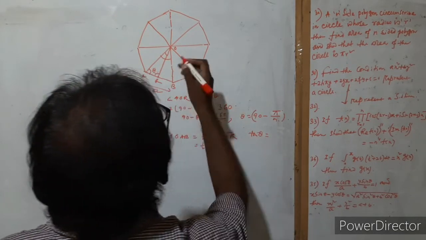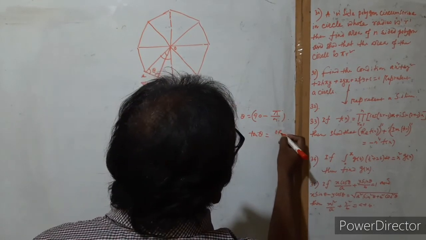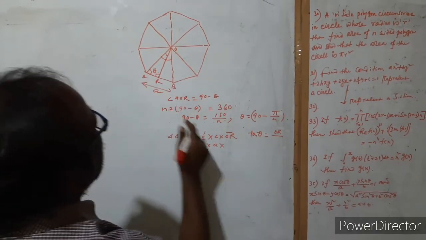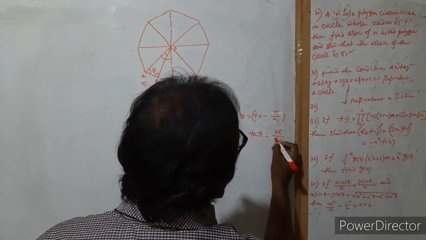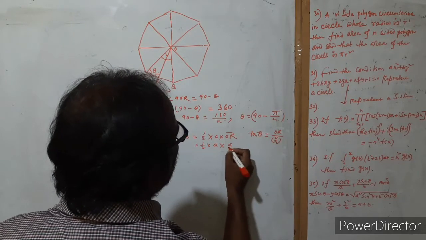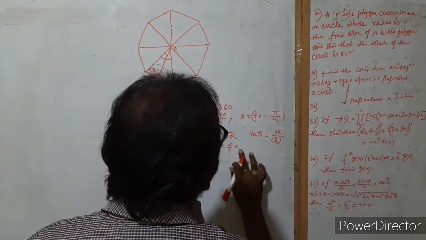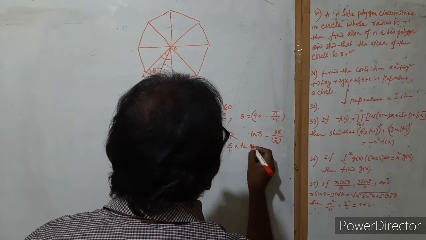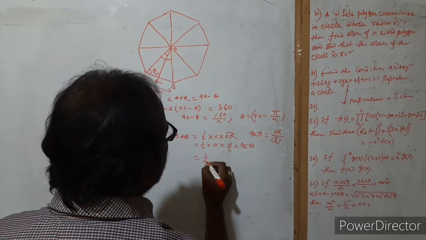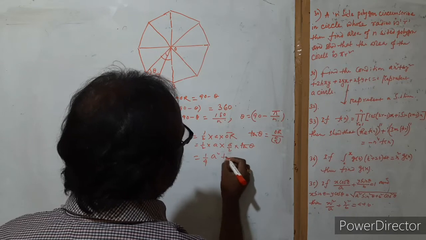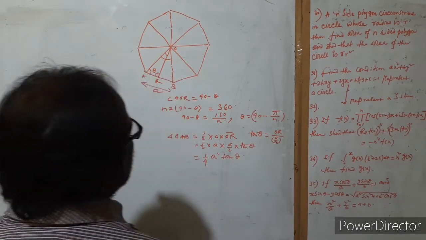Tan theta is height OR by base AR, which means A by 2. So OR is equal to A by 2 into tan theta. So the area is here 1 by 4 A square tan theta.